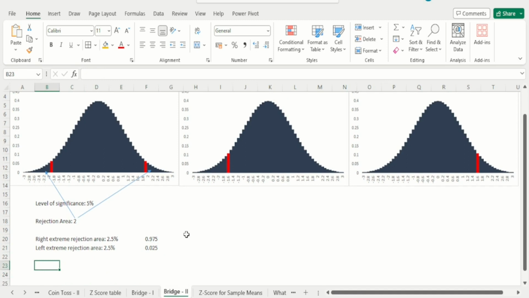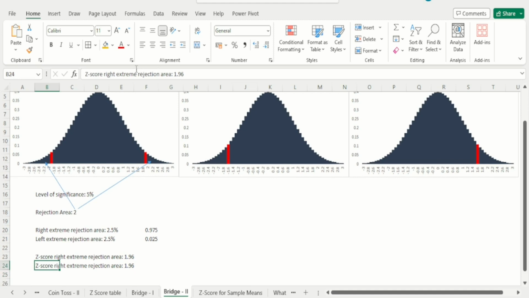So the z-score of the right extreme rejection area was 1.96, positive 1.96. And then the z-score of the left extreme rejection area, that we've just looked at, is going to be minus 1.96.